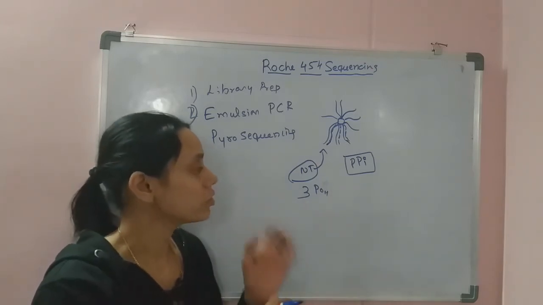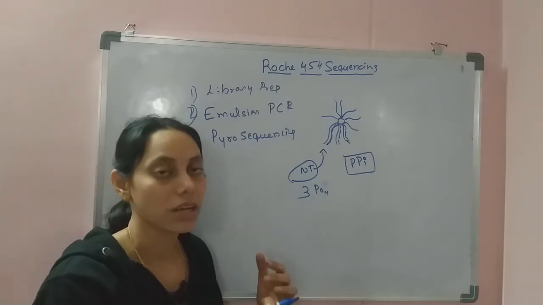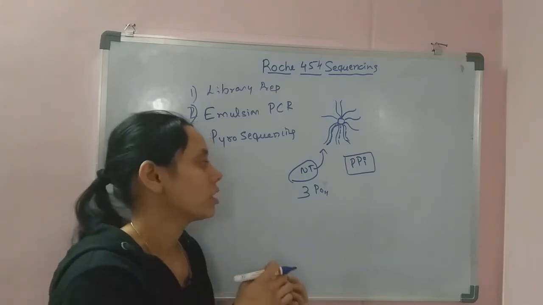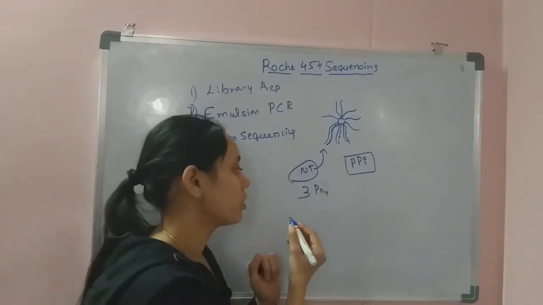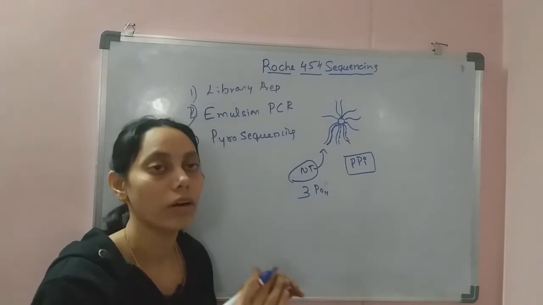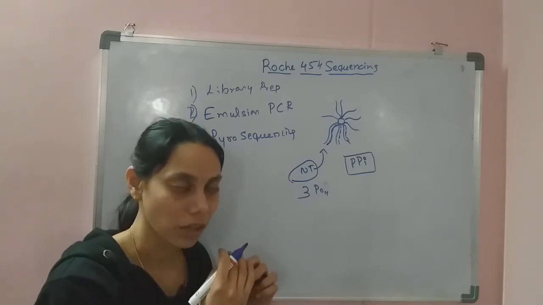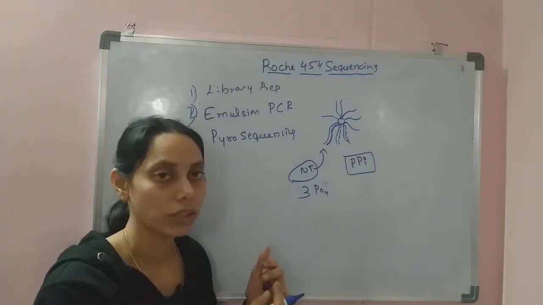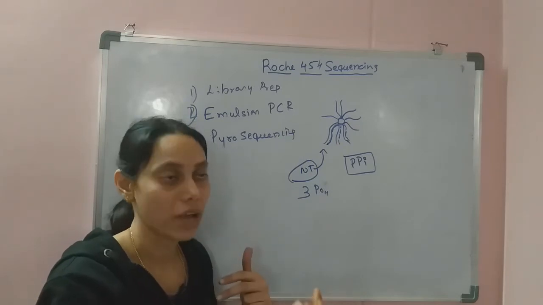So during pyrosequencing, first we need to understand what type of nucleotide is going to be added. For that, in this pyrosequencing procedure, we will not add all types of nucleotides, all types of dNTPs, at once. Instead, we are going to give these nucleotides in a flood, in a wave fashion.